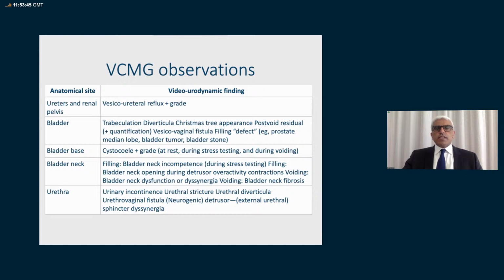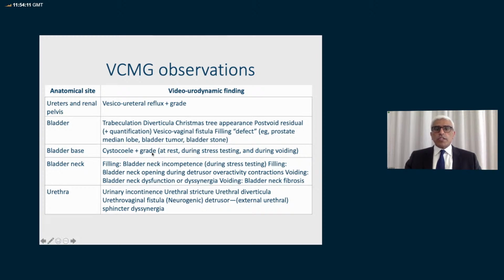So what can we see with video dynamic studies, which we can't see with standard urodynamics? You can see the reflux in the bladder, like I showed in the earlier presentation, and we are going to see again. You can see the diverticula, you can see the trabeculations. If there's a Christmas tree bladder, you can see if there's a fistula between vagina and bladder, or between prostate and bladder.